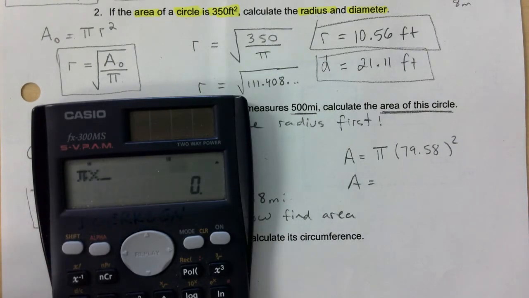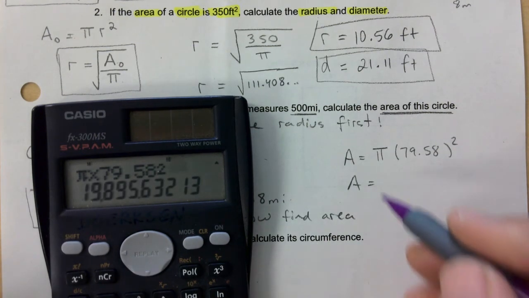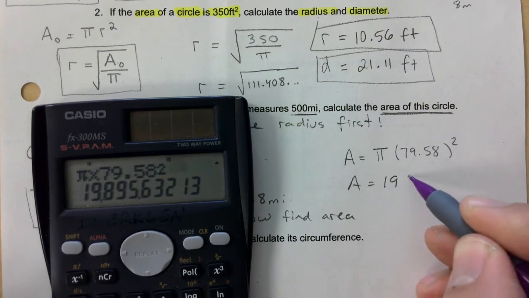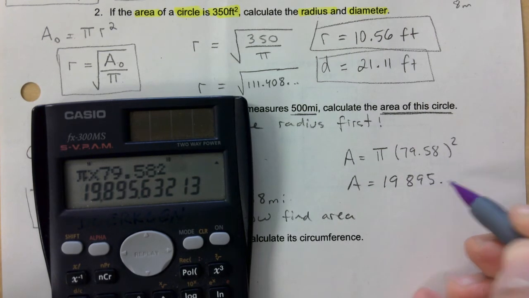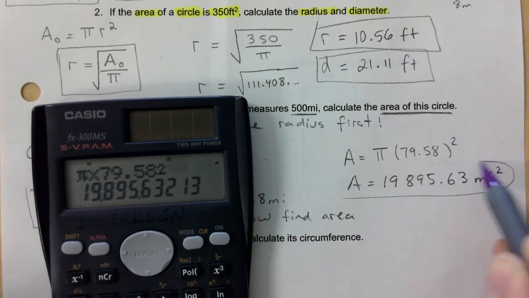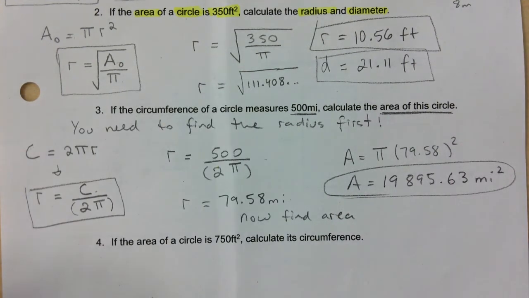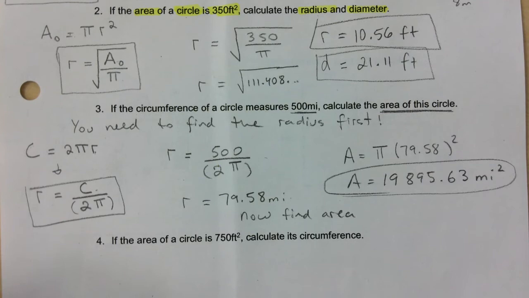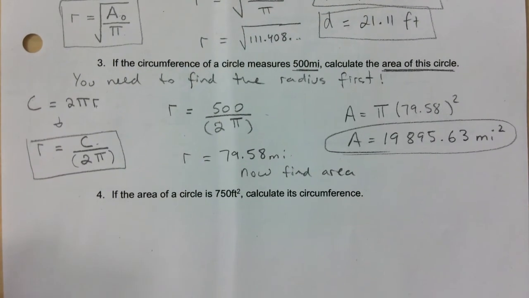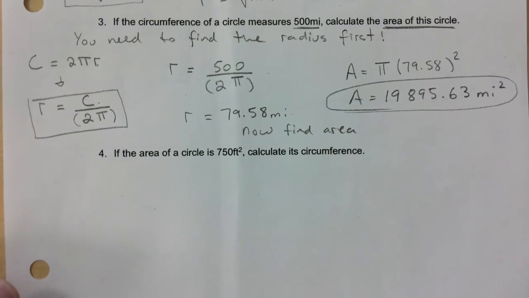So you go pi times 79.58 squared, and that is 19,895.63 squared miles. Okay. So make sure you write that down.